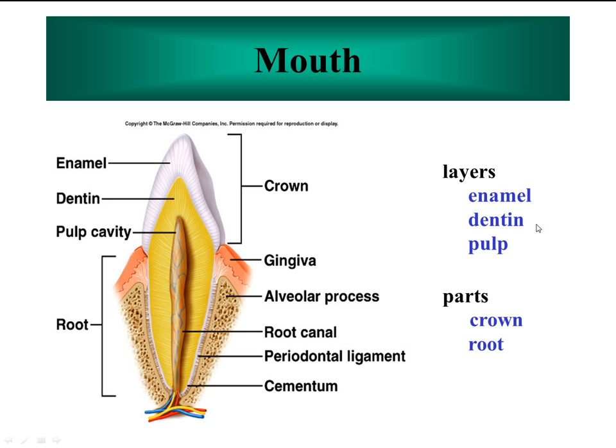So enamel, dentin, pulp, and the parts of crown and the root. The crown is the upper part that shows, and then below the gums would be the root. This is the dentin. If the enamel gets thin, this dentin is exposed to the nerve, so hot and cold and sweet and sometimes sour can cause pain to this tooth.